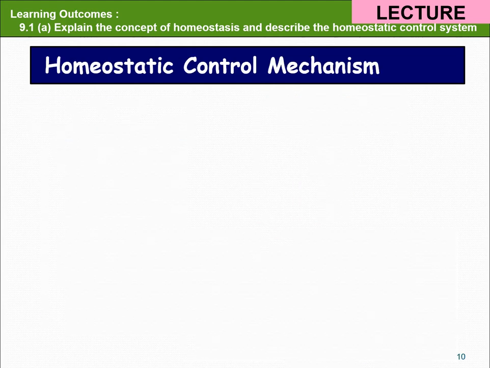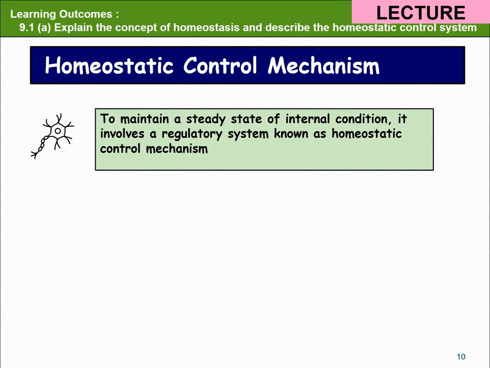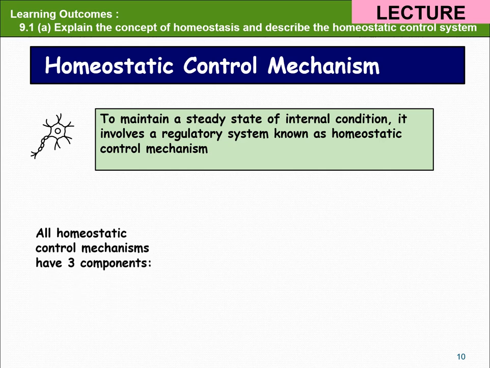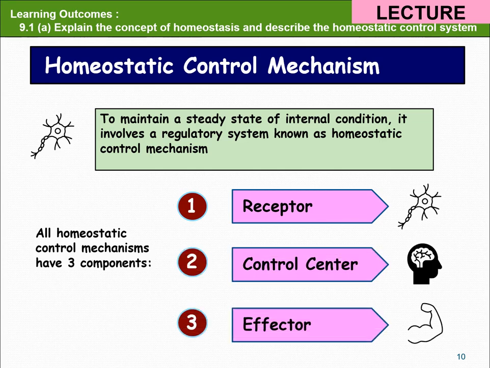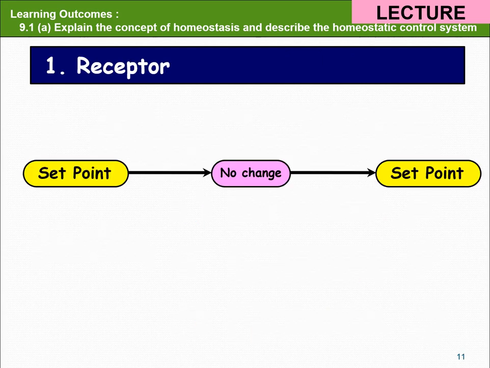Next is the homeostatic control mechanism. Homeostatic control mechanism is to maintain a stable or steady state of internal environment. It involves a regulatory system involving the nervous system. Homeostatic control mechanism has three components. First is receptor, second is control center, and the third one is effector. First is the receptor.